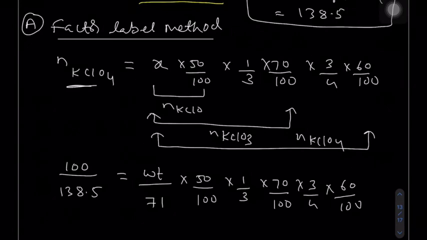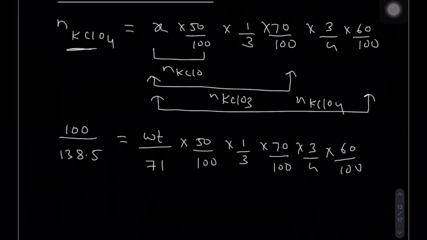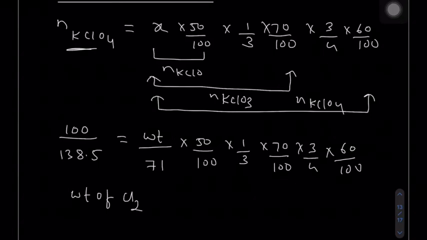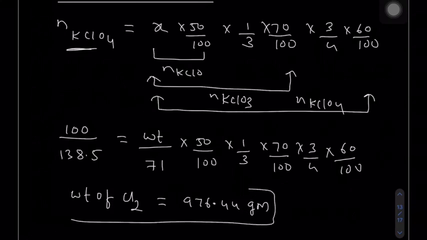Now here we can find W, the weight of chlorine, that will be 976.44 grams. This will be the mass of the chlorine.